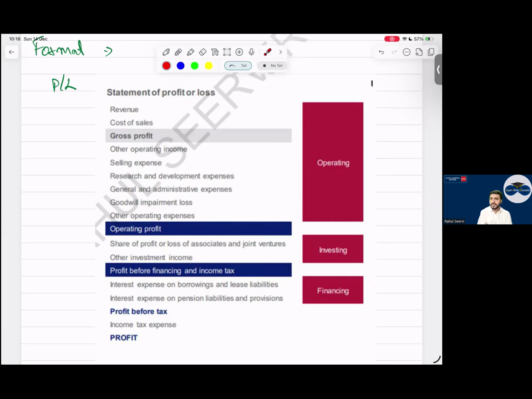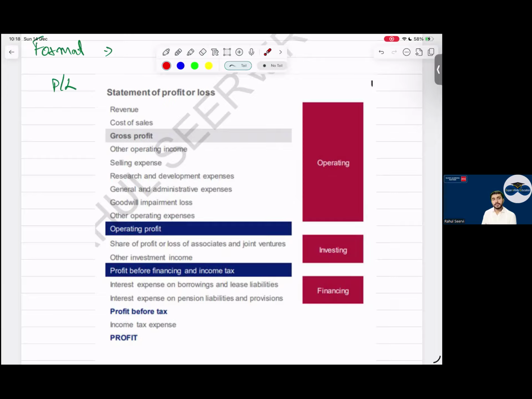Anyone tell me, what is the meaning of operating? Operating is the operational day-to-day business activities, which come in operating profit. Investing is related to investment in joint venture, subsidiary.